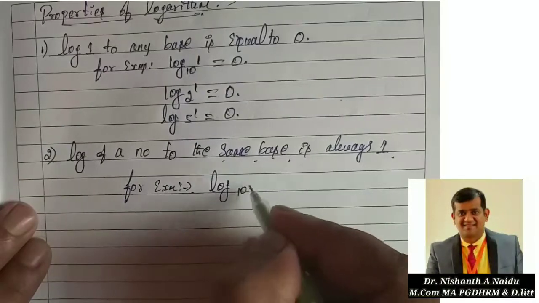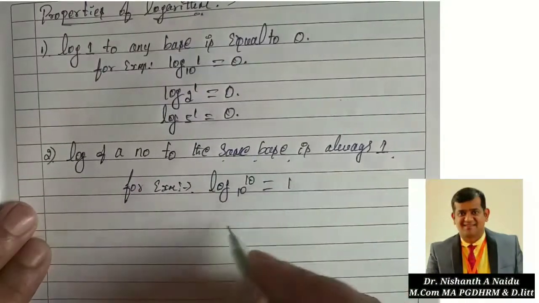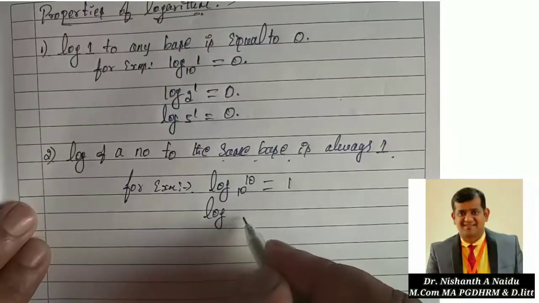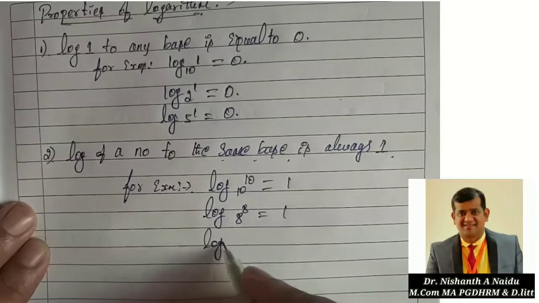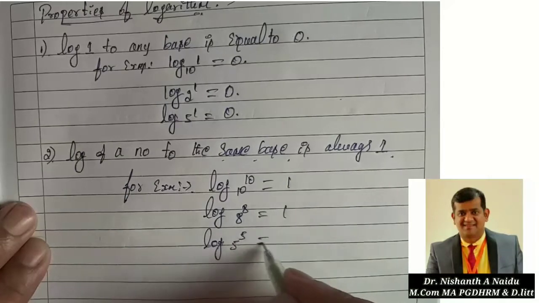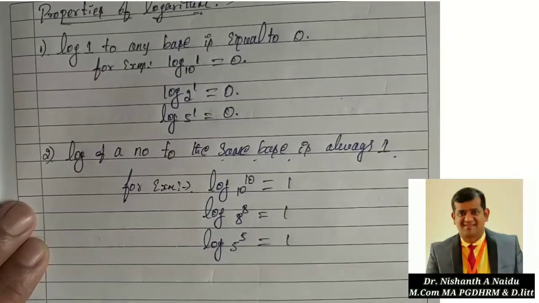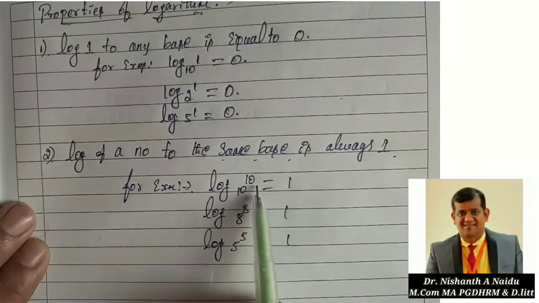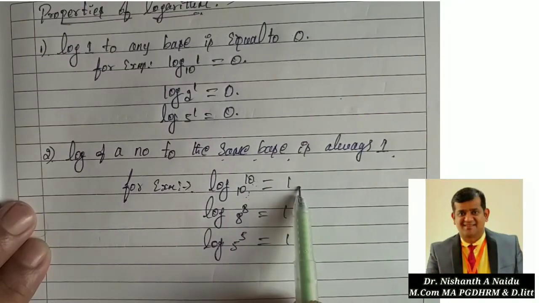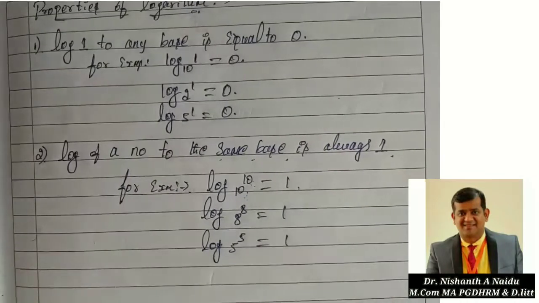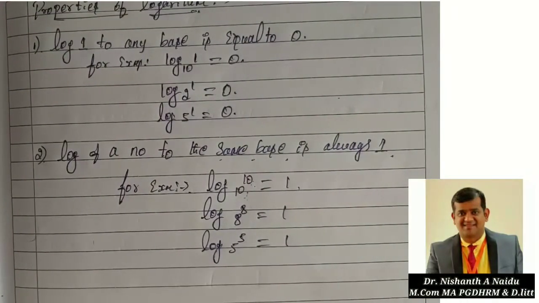Log 10 to the power 10 equals 1. Log 8 to the power 8 equals 1. Log 5 to the power 5 equals 1. Clear? When power and base are the same number, it is always equal to 1. These are the two important properties which you should know before solving the problem.